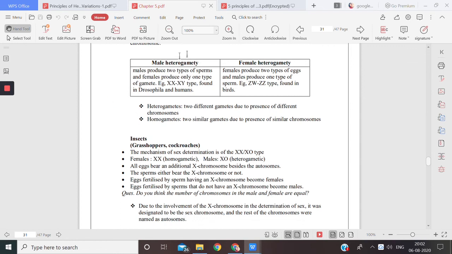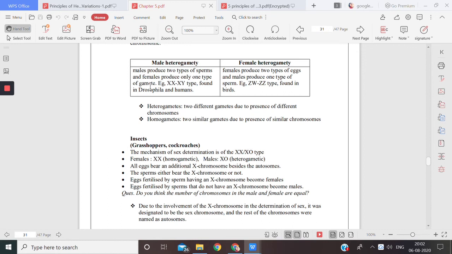Then children, there is a thing called male heterogamety or female heterogamety. Now all of you pay attention here. Males produce two types of sperms, and females produce only one type of gamete, right? In humans also, we females always produce only X chromosomes.